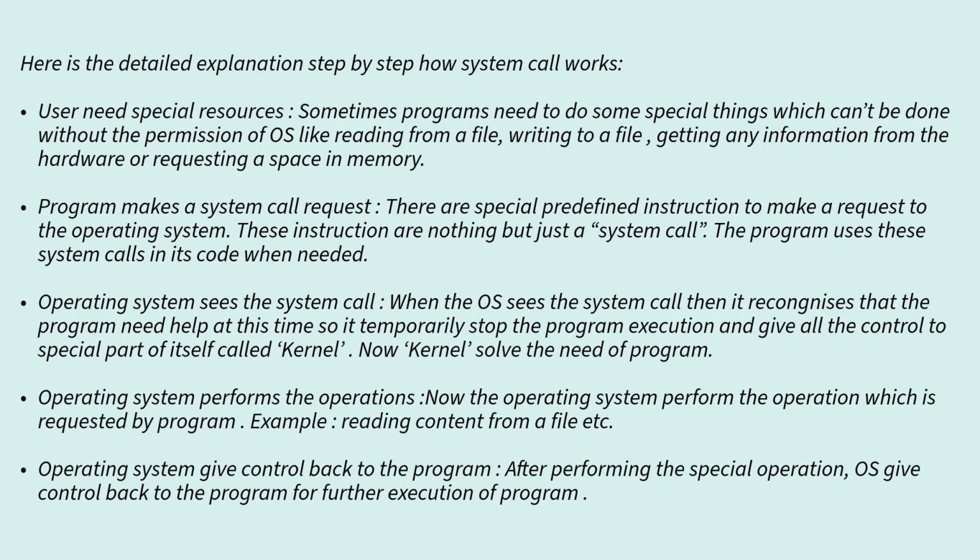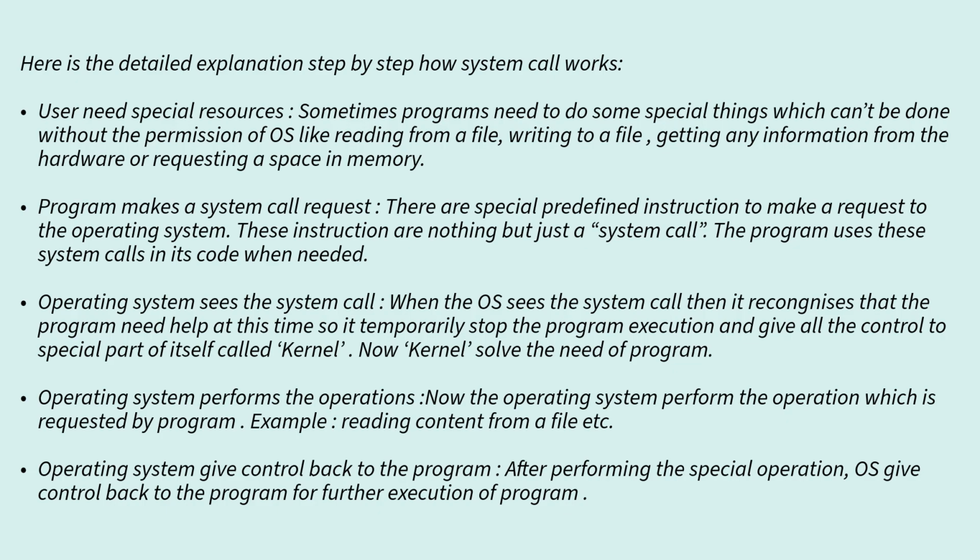Once the application makes a system call, the operating system will see that and recognize that the program needs help at this time. So it will temporarily stop executing whatever it was executing, and it will give all the control to the special part of itself called the kernel. Now the kernel will solve the need of the program. It will perform the operation requested by the program, for example, reading content from a file.